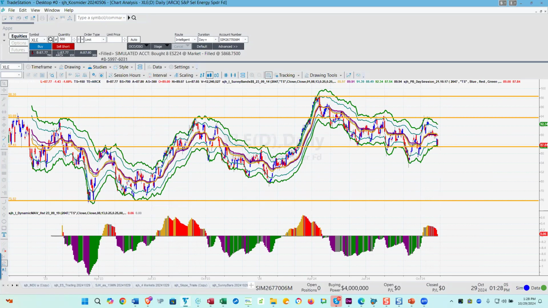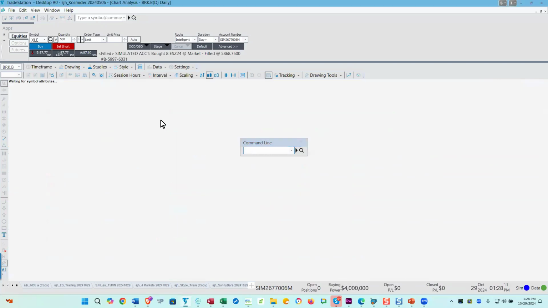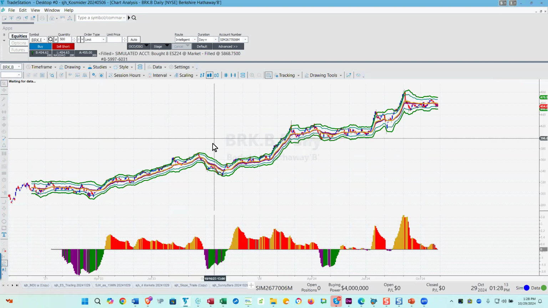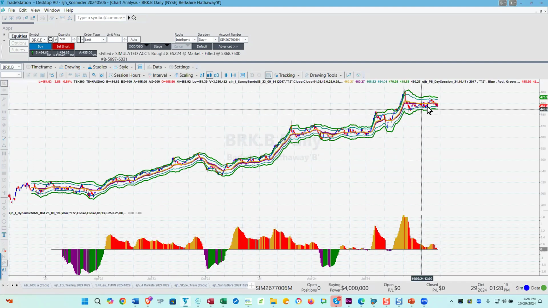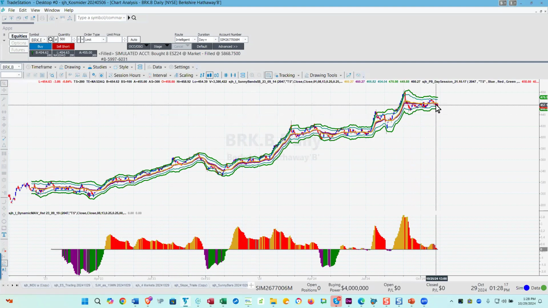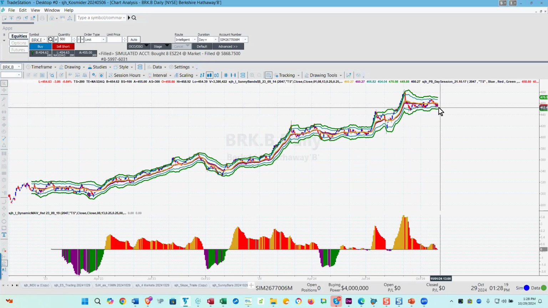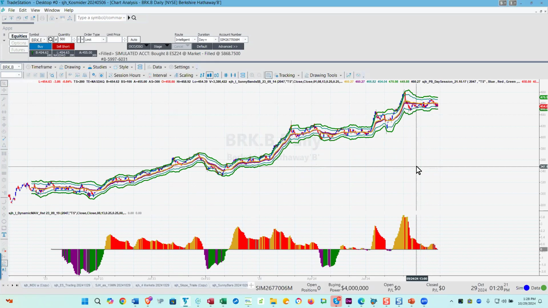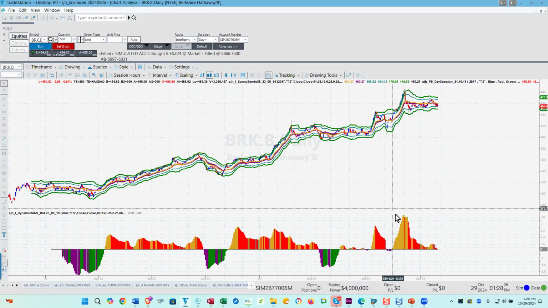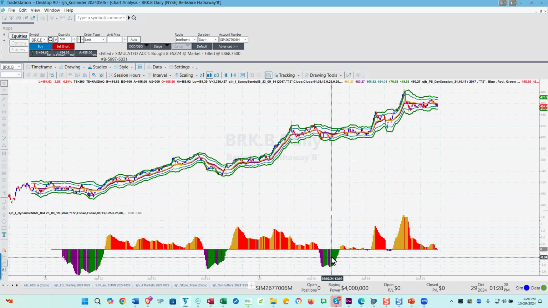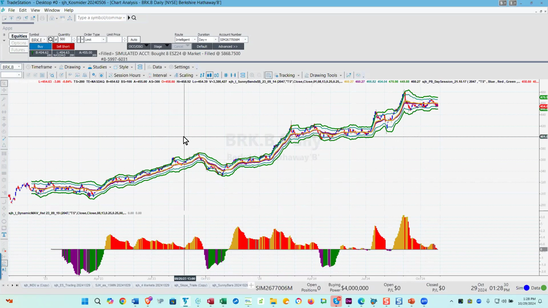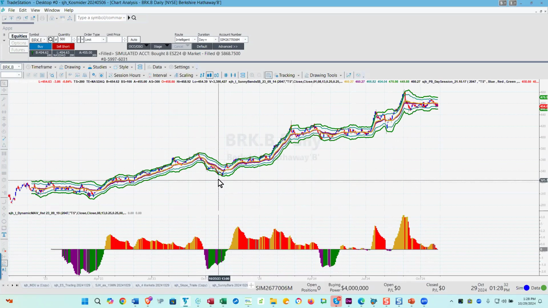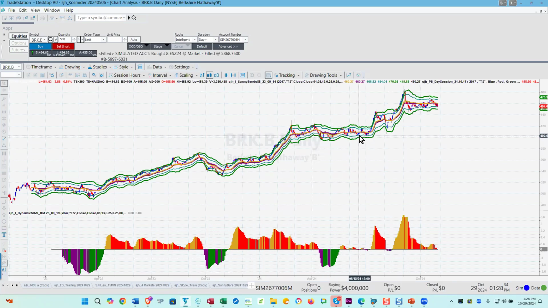Favorite stocks that you trade with stable trends. Let's look at BRK data. So we've got Warren Buffett here. Look, he's just been going sideways. Does anybody own shares of BRK.A? This looks to me like he really hasn't had much in the way of losing periods. He just goes sideways for a while.